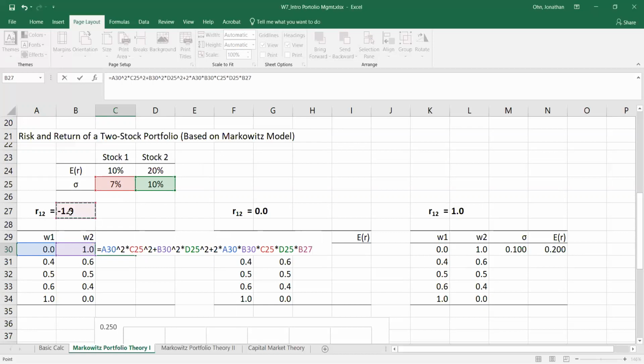Correlation coefficient. So this is exactly the formula of Markowitz portfolio theory.